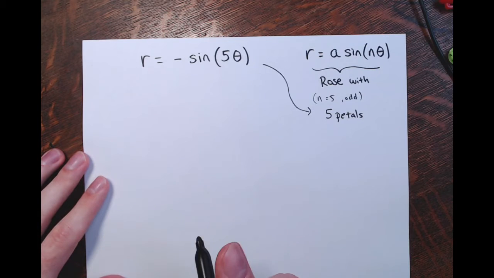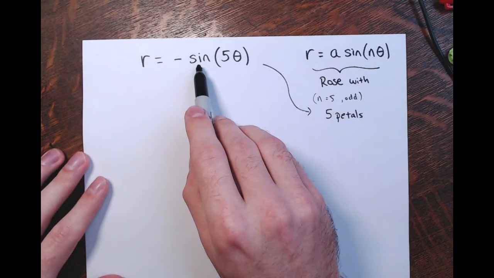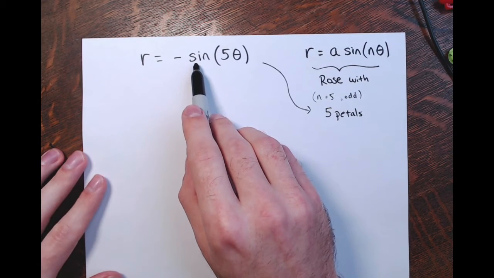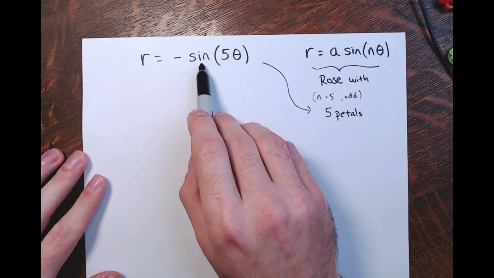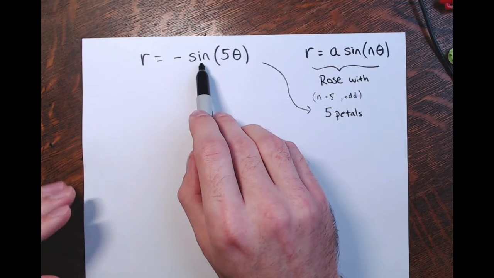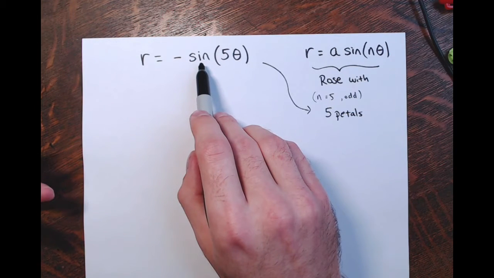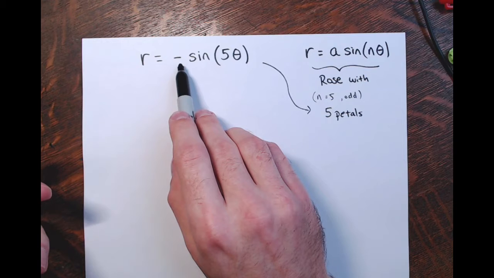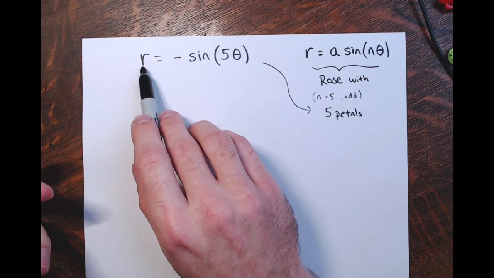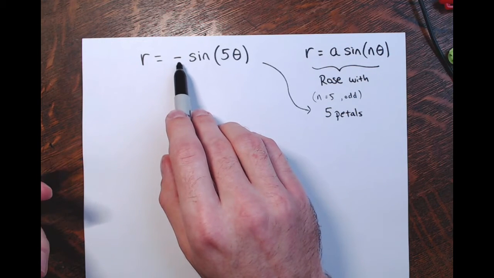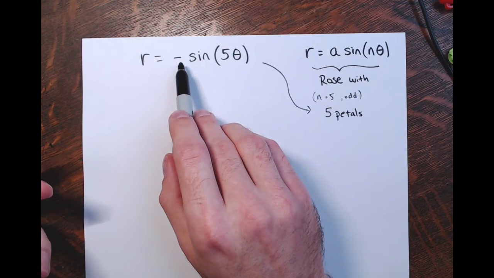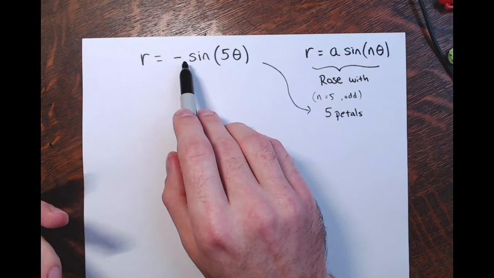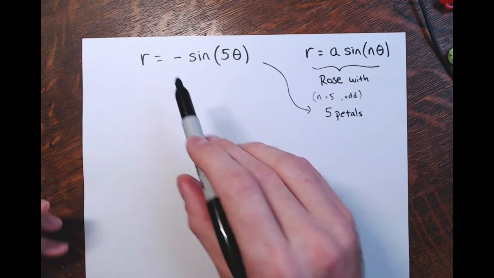Another thing I'll say about this that really wasn't mentioned here. If you recall from a while back, the value of the sine of an angle, or the cosine of something, never gets higher than 1 or lower than -1. Remember, the range was between -1 and 1. So for this value of r, the highest it's going to get is -1 times -1, which is +1, and the lowest it'll get will be 1 times -1, which is -1.